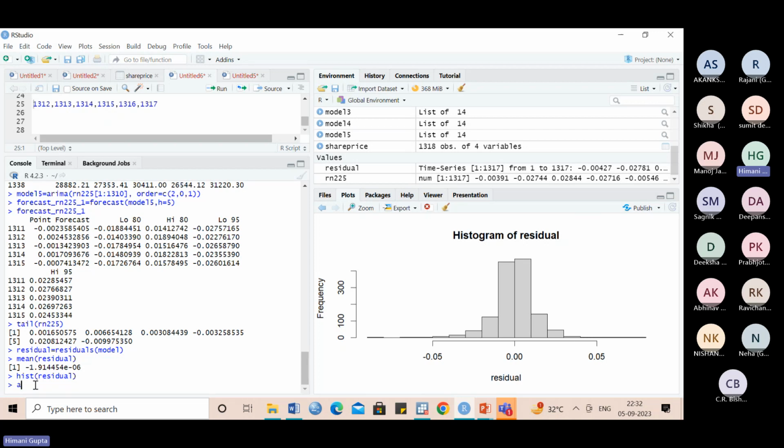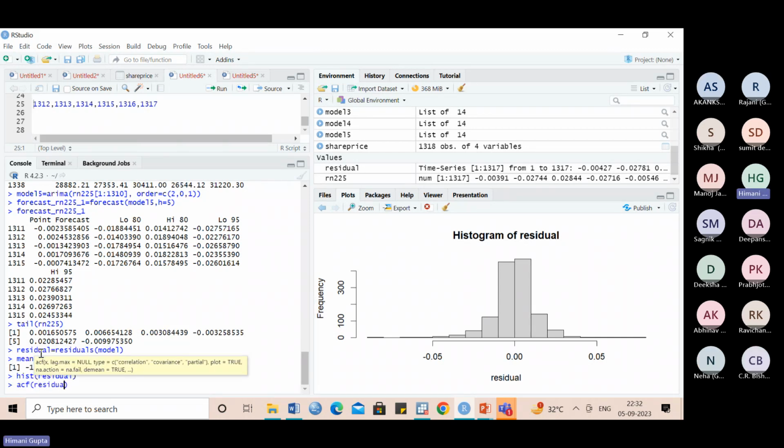For autocorrelation, I can use either my ACF or PACF. Which graph should I use? ACF or PACF? Yes, ACF. ACF of residuals.